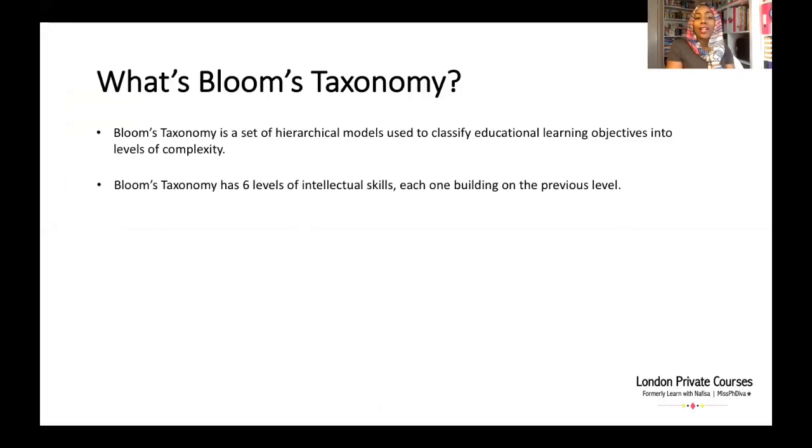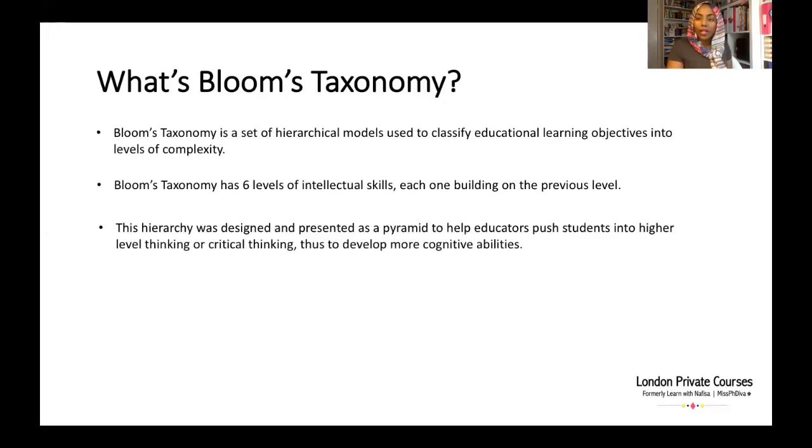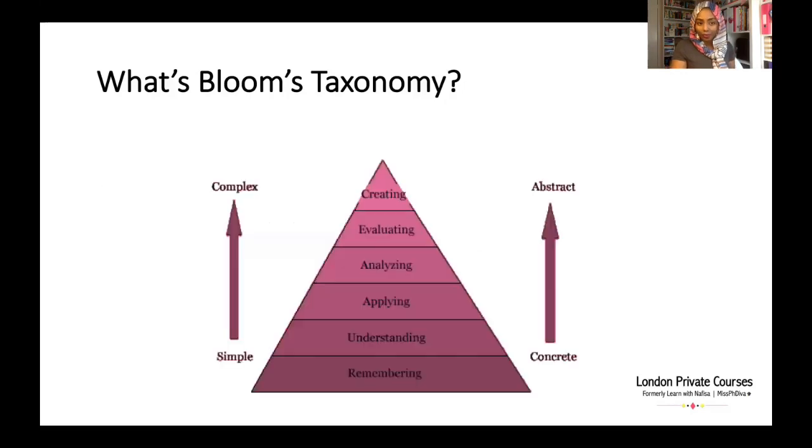Bloom's taxonomy has 6 levels of intellectual skills, each one building upon the previous level. This hierarchy was designed and presented as a pyramid to help educators push students into higher level thinking or critical thinking, thus to develop more cognitive abilities.